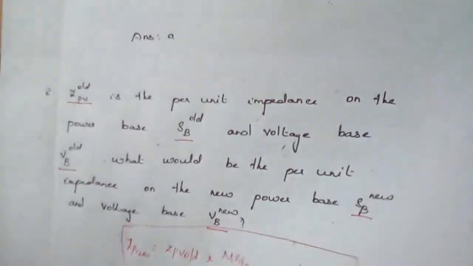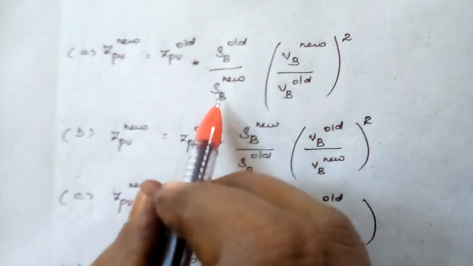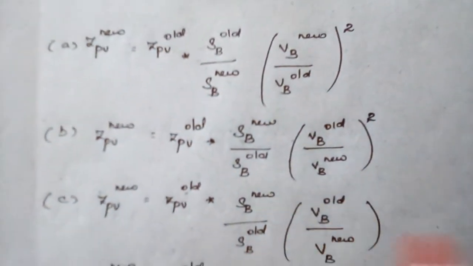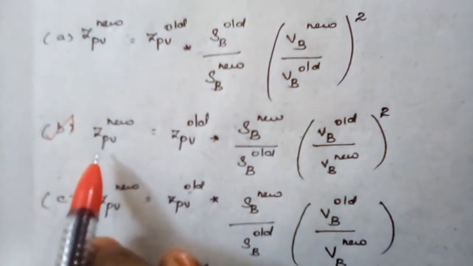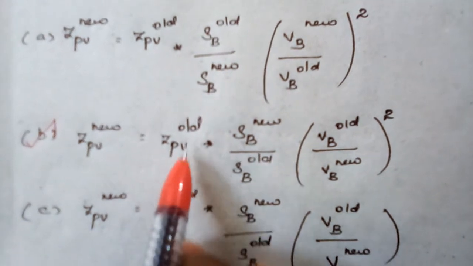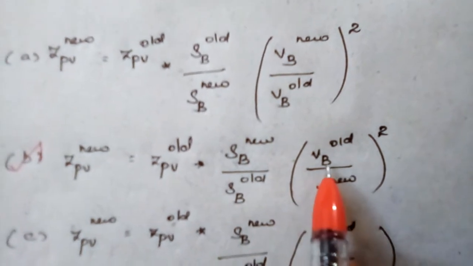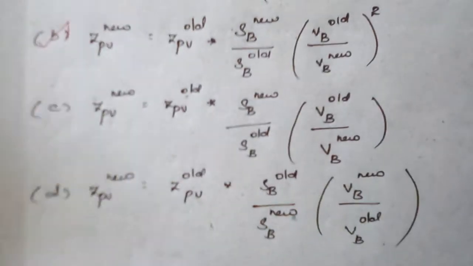With this, the formula for Z per unit new is equal to Z per unit old into SB new by SB old into VB old by VB new, the whole square. This is one form, and our formula is relevant to option B. So the formula which we have written already is equivalent.